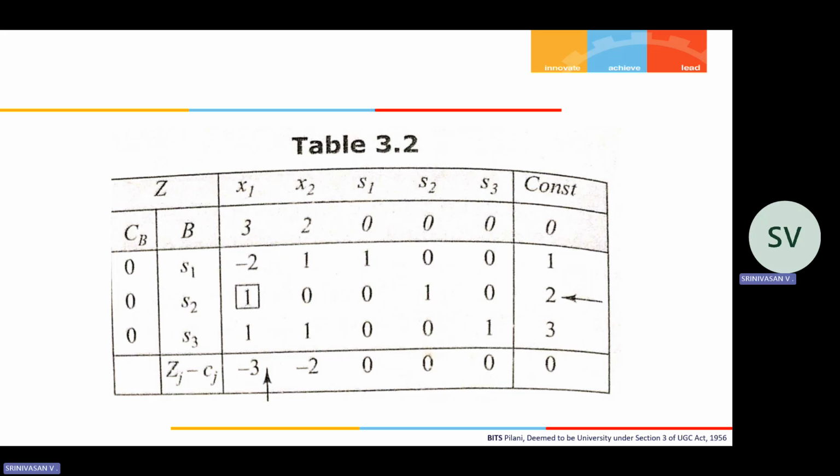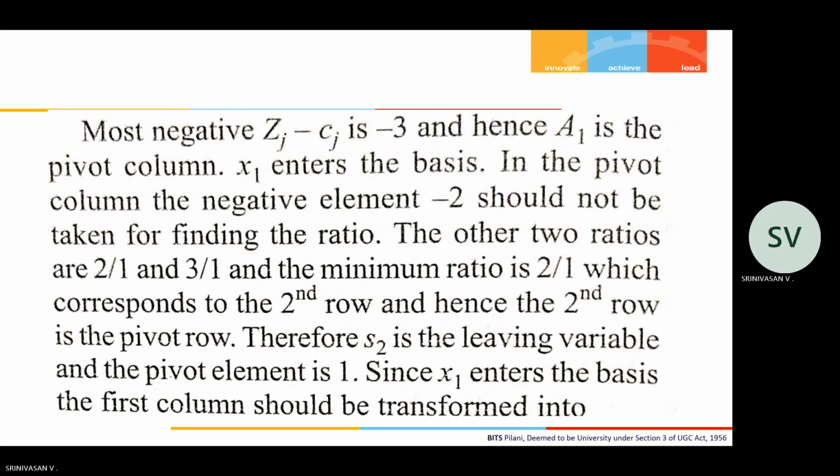And now inside the body of this table, you have the constraint coefficients. Minus 2, 1, 1. You just look at the first constraint.